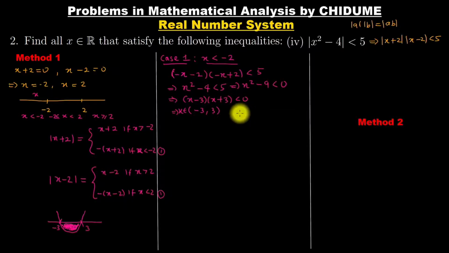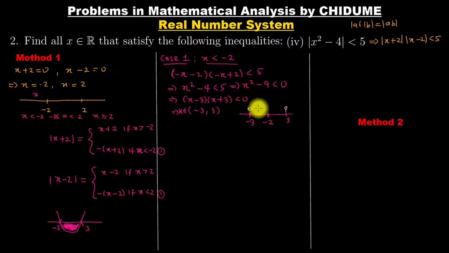If you look at it, let's say this is -3 comma 3, and we have -2 somewhere here. It is open at this point, and also open here.